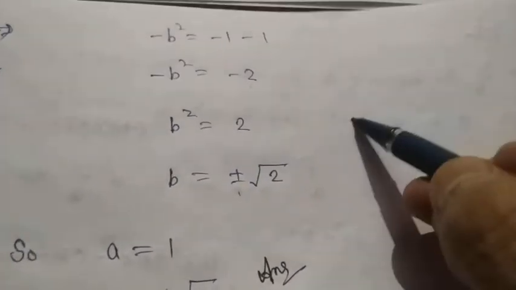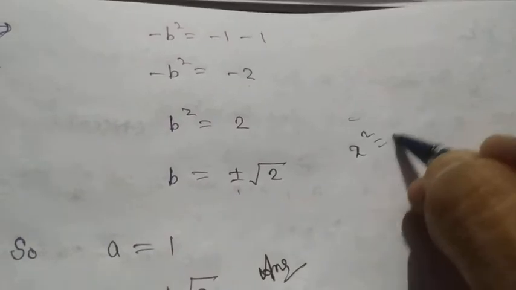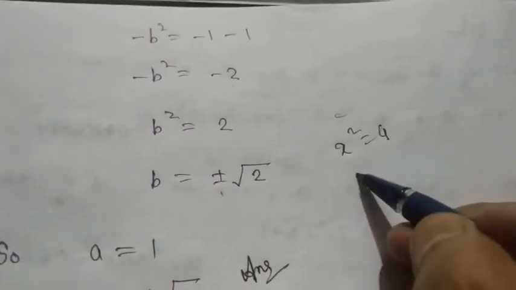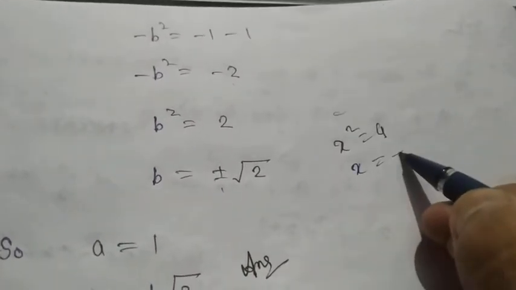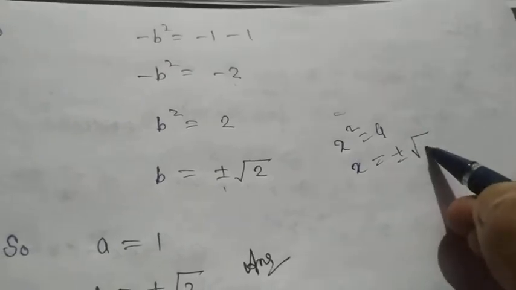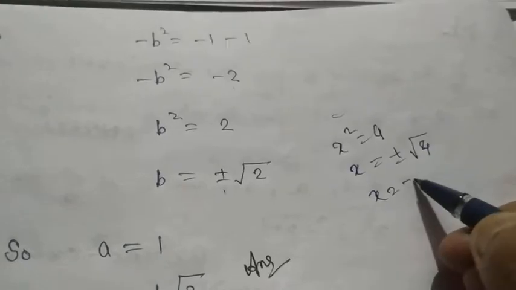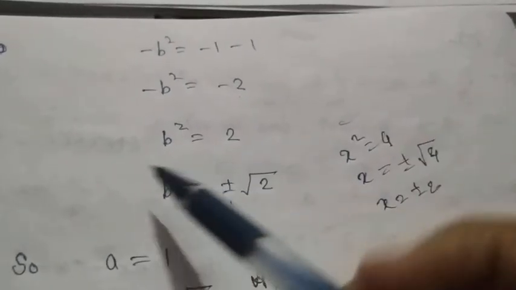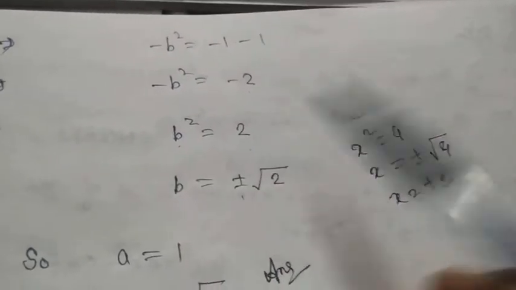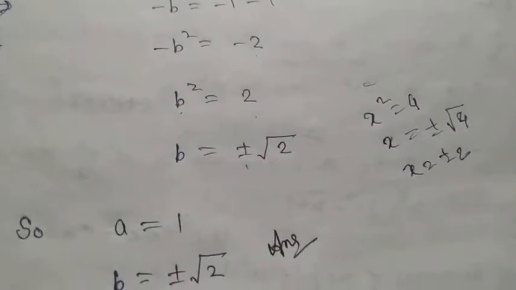That's why the plus minus sign comes. Listen children, whenever you have x square equal to 4, when you take the square root, you have to take both signs, plus and minus, equal to root 4, so x is equal to plus minus 2. Same here, b square is equal to 2, so b equal to plus minus root 2.